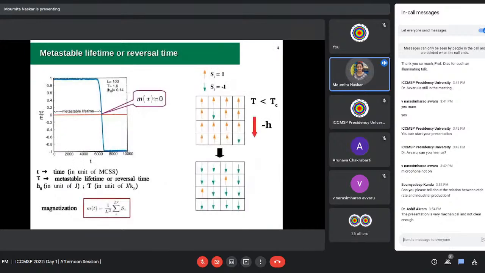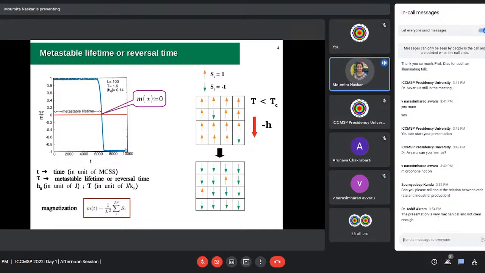Okay, so now let's see how we have defined the metastable lifetime or reversal time of magnetization. First notice this plot, magnetization versus time, where initially we have considered a perfectly ordered state. That means almost all the spins are +1, so magnetization is 1 here. Now, as we apply some negative field to that system, it is generally observed that the system first enters into a metastable state, and after a long time, it suddenly decays to the stable state.